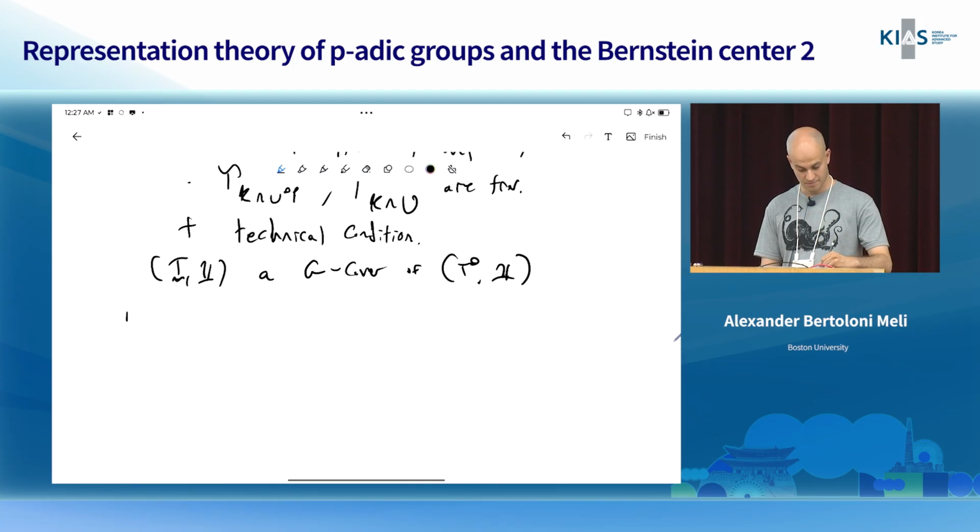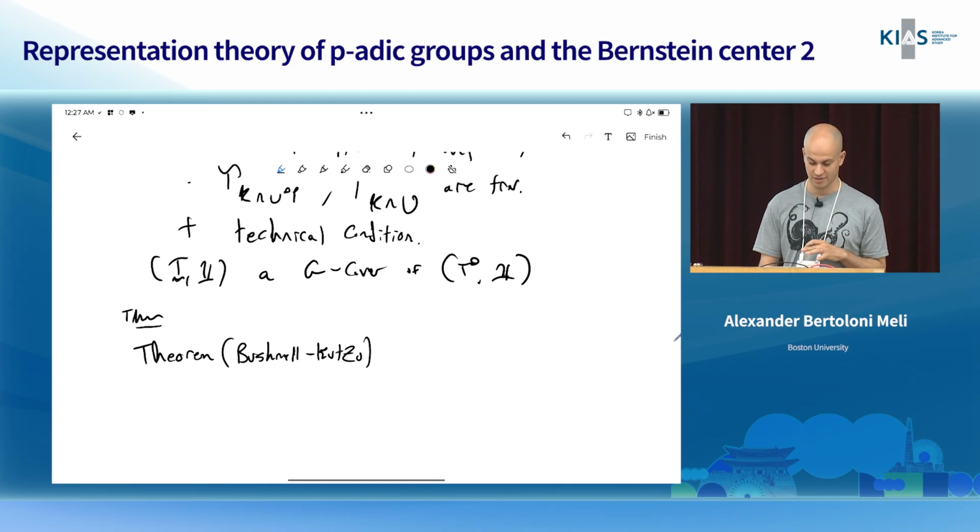So then, the theorem of Bushnell. So first of all, in this situation where you have this G cover, you get an induced map of the twisted Hecke algebras.